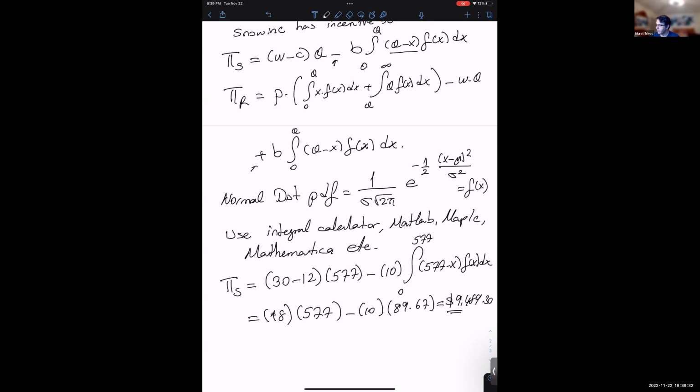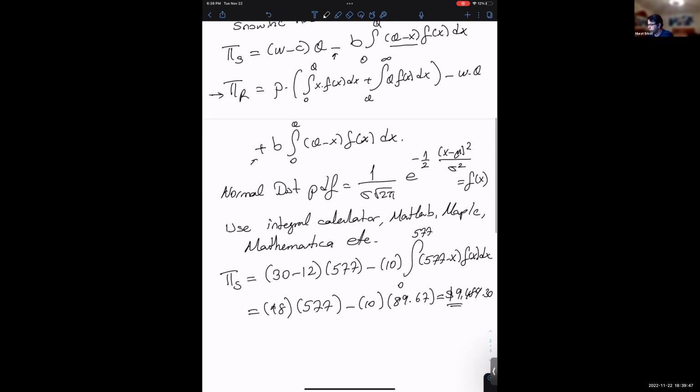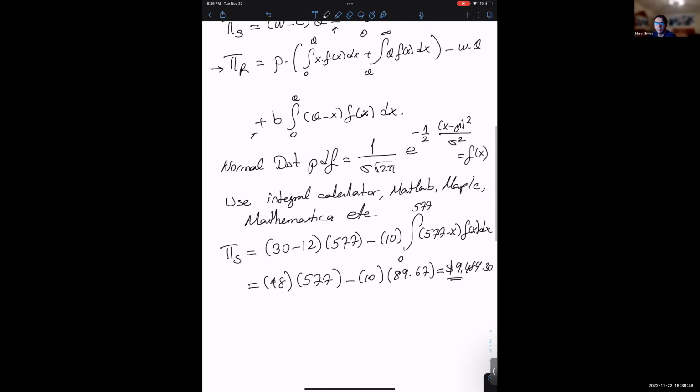Now we need to go back to the retailer and calculate the profits for the retailer. It's just again plugging in the numbers. The retailer's profit is at the top of the screen, so it is going to be P. P is 100 times the expected sales.